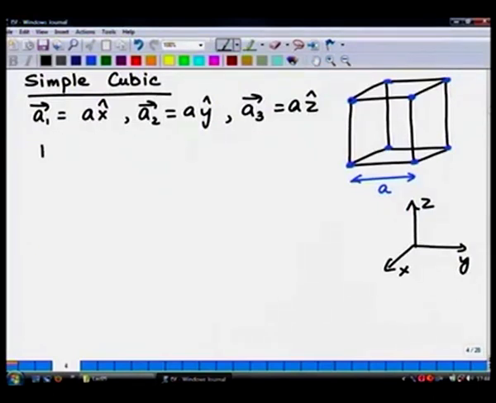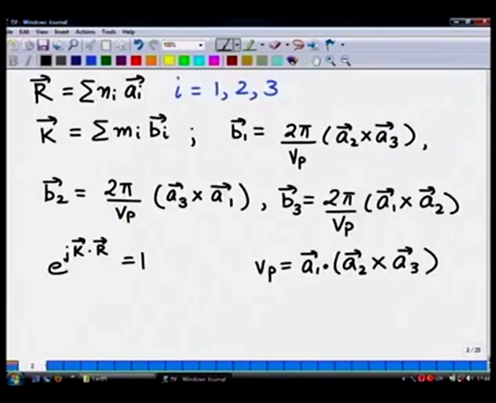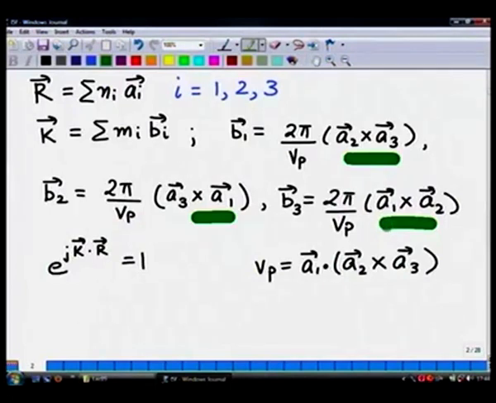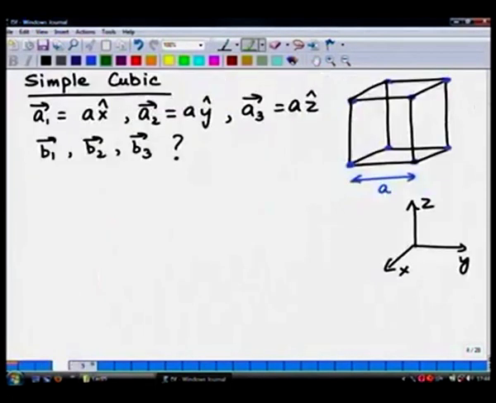Corresponding to that, if we apply our formula for generating B1, our question is, what are B1, B2 and B3? What are these values? You already know the formulas. Given the A vectors and Vp, using these formulas, you can figure out what B1, B2, B3 are.